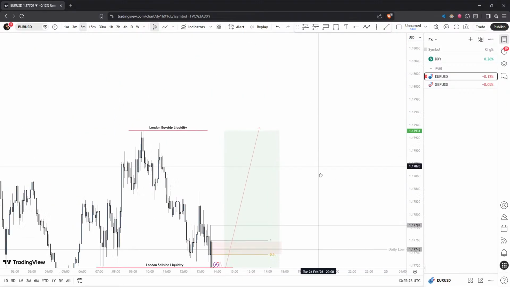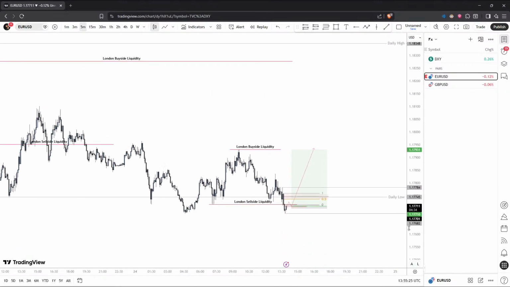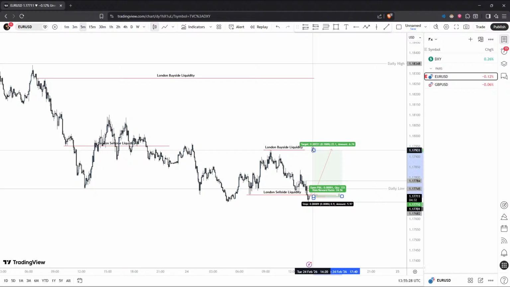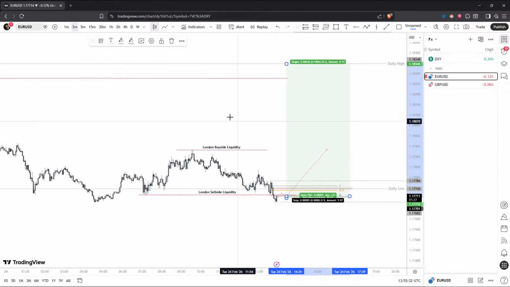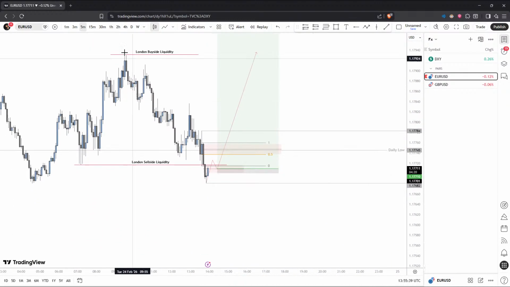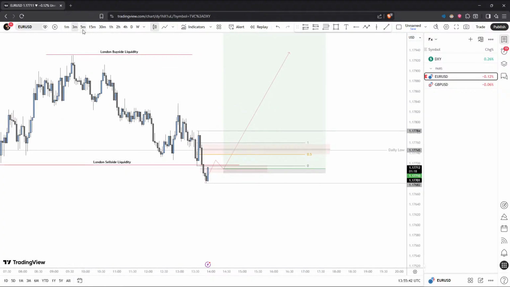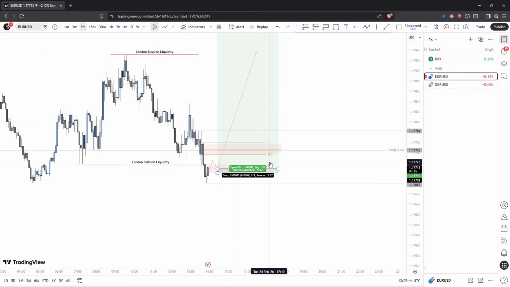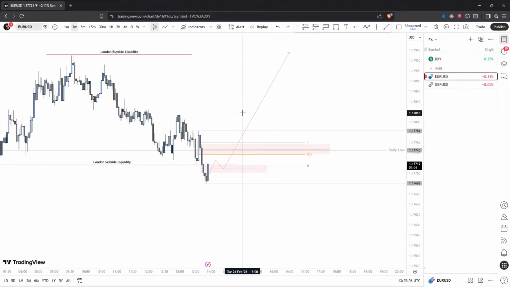So 1 to 2.5 gets to the ultimate TP. Okay, so we're getting the displacement already.